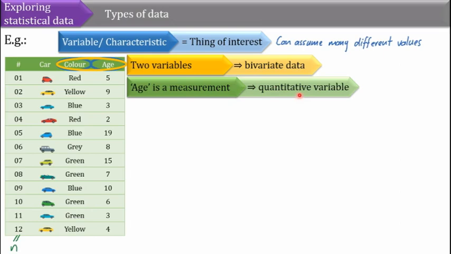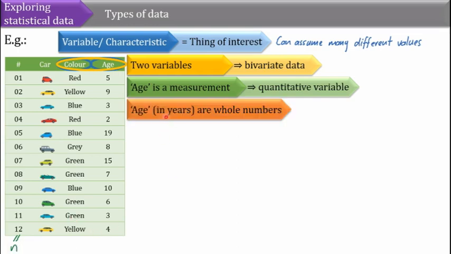It's not a label, it's an actual measurement. Right, it's a numerical value, so we'll call it a quantitative variable for quantity. Age in years, these are whole numbers or integers, so I'll call it a discrete variable. So it is quantitative because it measures something, and it's discrete because I'm counting something. The age is the number of years that I count for the vehicle.